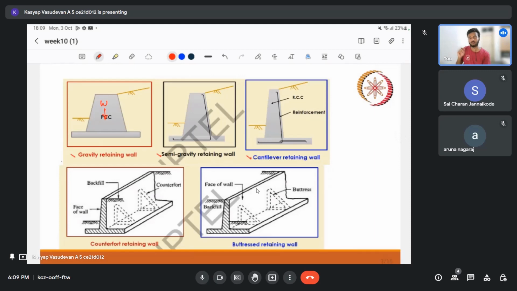Before the use of steel as reinforcement, people used to go for this particular wall. Masonry was used, or earth, even an earthen dam is one of the examples, and even concrete can be used for gravity retaining walls. So the idea is that the weight of the material in turn resists the lateral pressure exerted by the backfill.